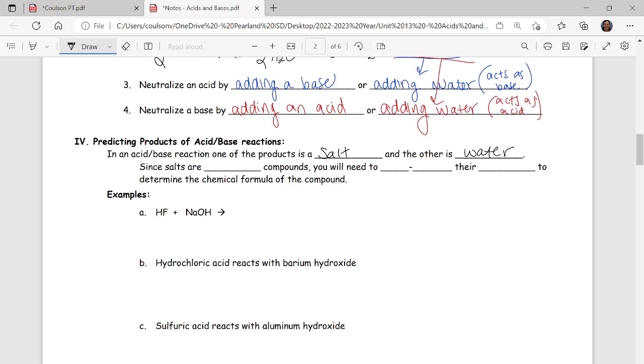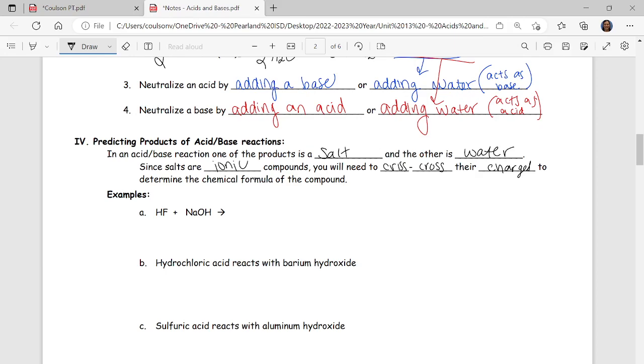If it feels like we've written that 10,000 times, it's because we're getting close. Since salts are what type of compound? You will need to crisscross their charges to determine the chemical formula of the compound.